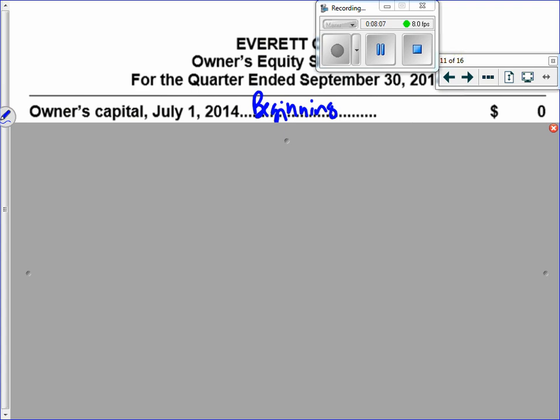Is this a brand new business? Oh. Everett Company was organized on July 1st. We're doing quarterly financial statements. So since it didn't exist, I don't know if I like that. It said it started with a 0 balance because the company was organized. It was brand new.